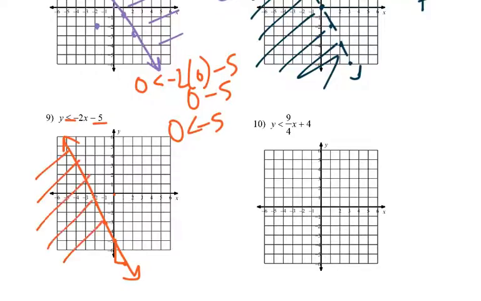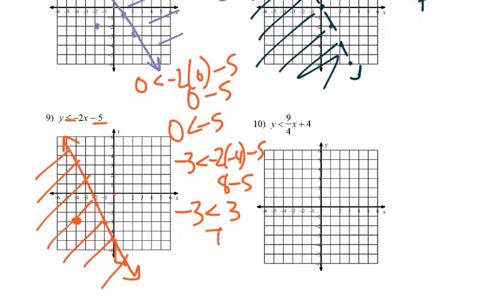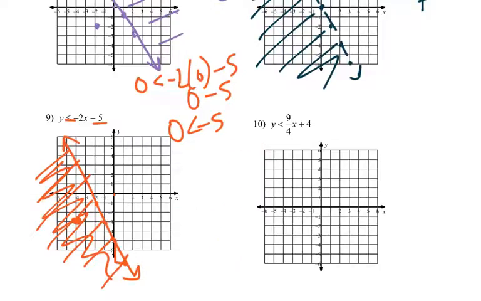No, it is not, so we shade the opposite side. Now, I could have picked a test point over here, like negative 3 for y, negative 4 for x. That would have become a positive 8 minus 5, which is 3. I'd have negative 3 is less than 3, which is true, and we would have shaded that same side. So it doesn't matter which one you pick, it'll still work out the same way.